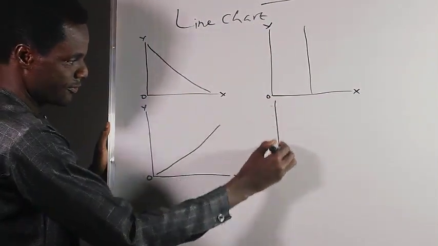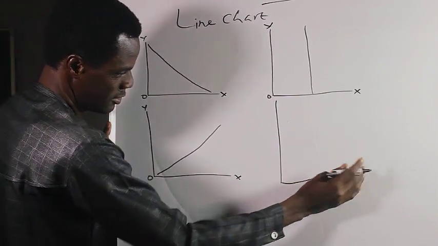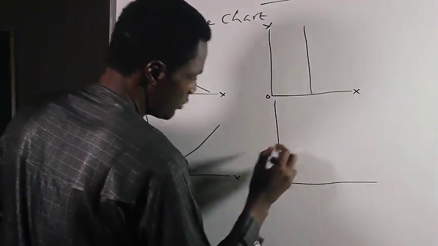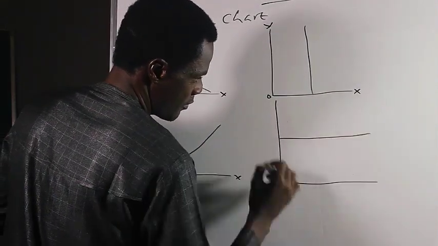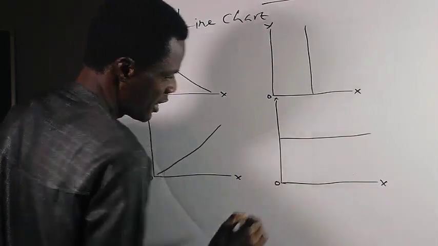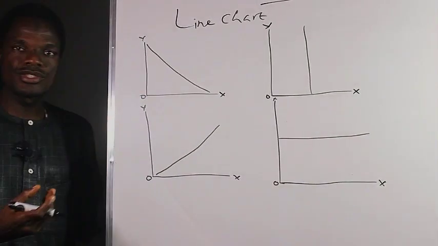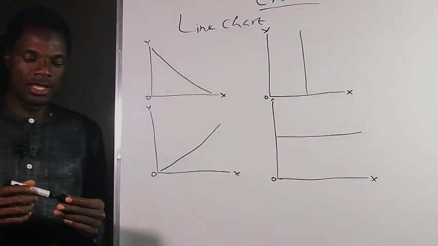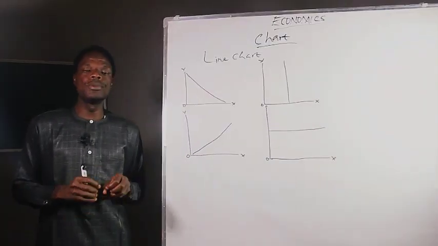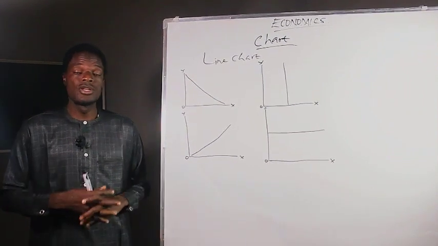And it can slope flatter. So any chart that we have tries to give us a clear picture about the information that we have in the text. Without it, that information will be difficult or confusing to understand.